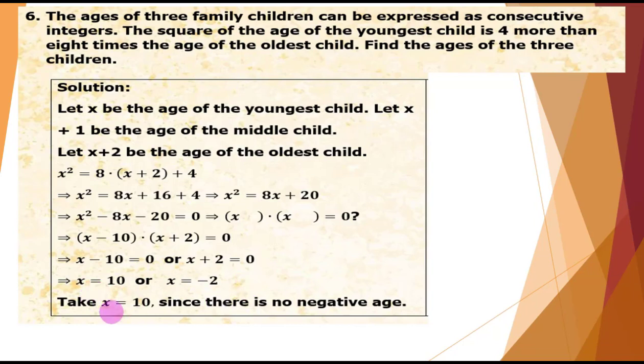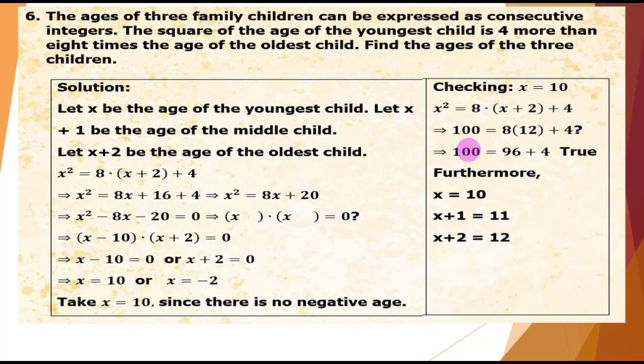We take x equals 10 because there are no negative ages. So we have 10 as the age of the youngest child. Then we check: x squared equals 8 times the quantity x plus 2, plus 4, so x squared is 100. Then we have 8 times, this is 10 plus 2, 12, plus 4.